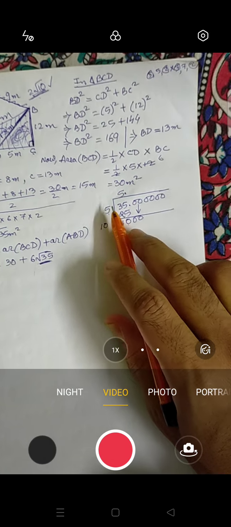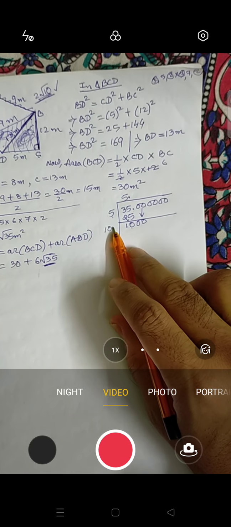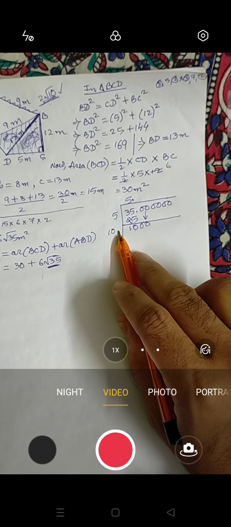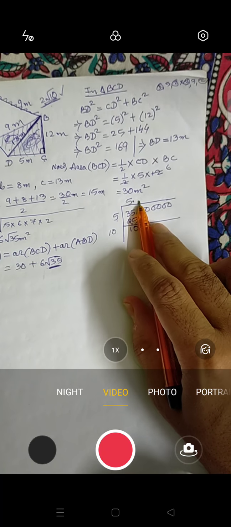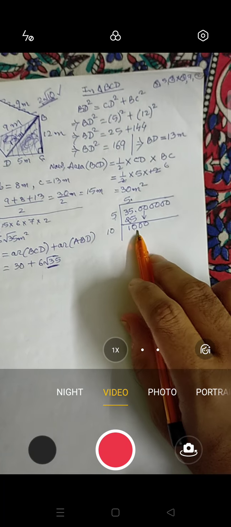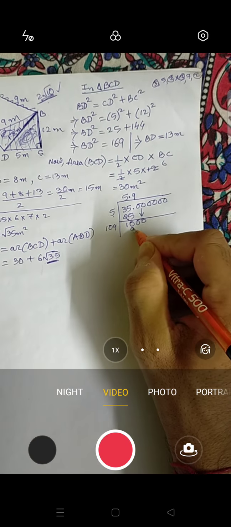Now next to 10 you have to write some value, such that after multiplication we should get 1000 or less than that. So I'll be taking 9. If I take this one I'll be having 981.